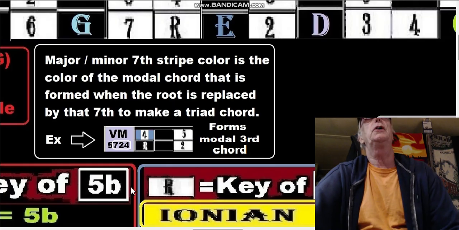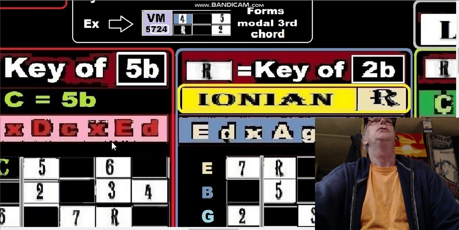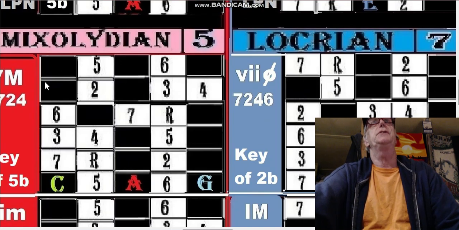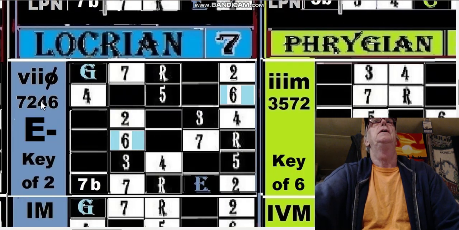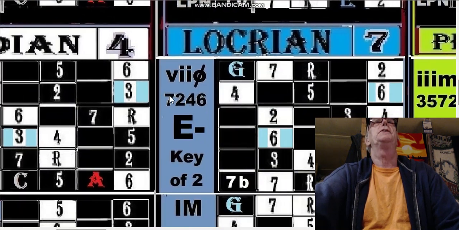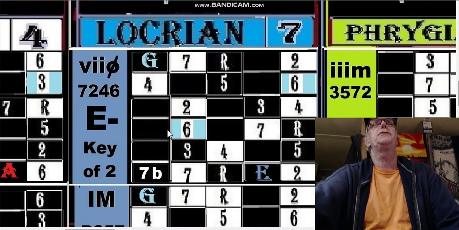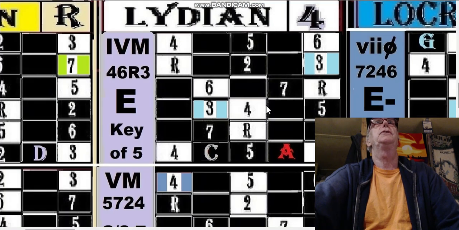Okay, this is talking about these stripe colors in each one of these boxes down here. So this chart isn't done. It's far from done, but in each one of the boxes of the scales that I've done, you're going to see a stripe here. Stripes on the 7th. So let's look at an easy one.